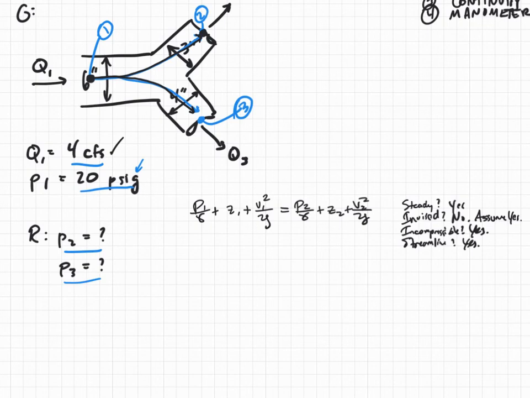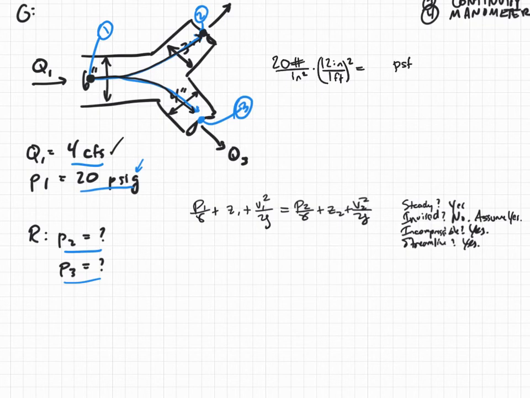What's the pressure at 1? It's known: 20 psi gauge. Note, if you see psi, you should be very worried, because psi is a horrible unit. So 20 pounds per inch squared, times 12 inches per 1 foot, squared, to get this into PSF, because I don't want to mess around with pounds per square inch.